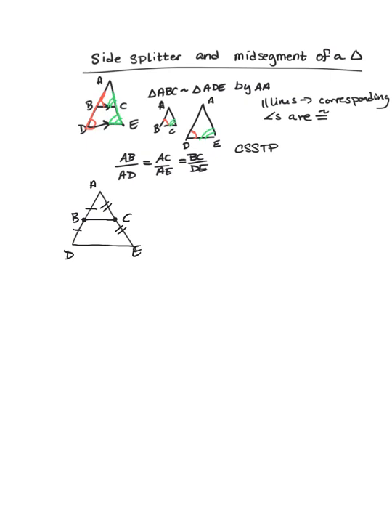So here, you need to think about it. The ratio AB to AD is going to be the same as the ratio of AC to AE because it's half. Because a midpoint splits a segment into two congruent segments. So this is called the mid-segment of a triangle.